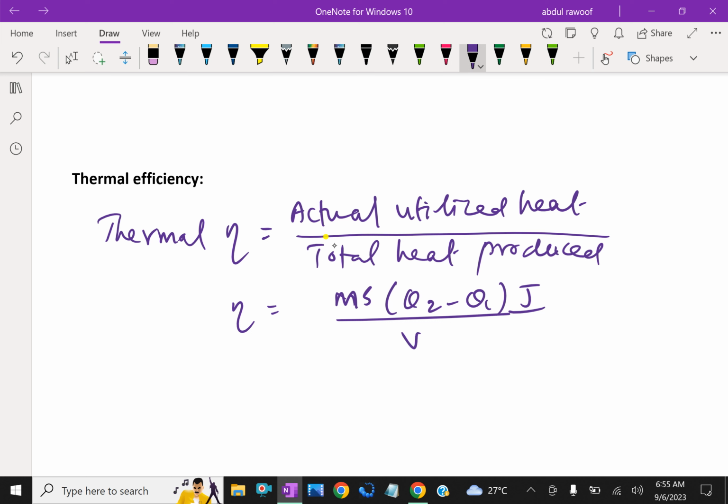Here, M is the mass of the substance, S is the specific heat, theta is the temperature difference, V is volts, I is current, and T is time in seconds.